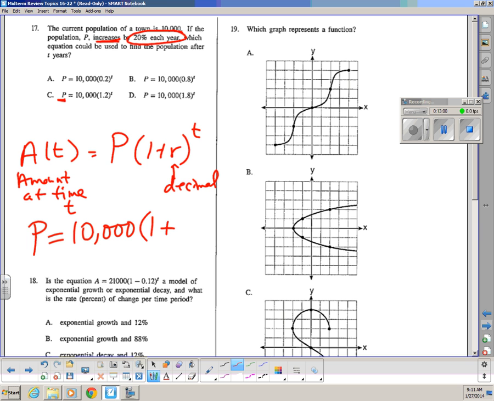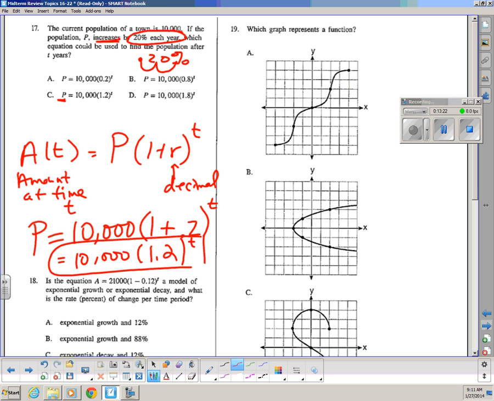Now I want to go by 20% each year. 20% needs to be converted to a decimal. So 20%, divide by 100 on your calculator, or move the decimal place over twice. We get 0.2 or 0.20 to the T. And to match it with one of our answers, I can take 1 plus 0.2, which is 1.2, to the T, which is choice C.